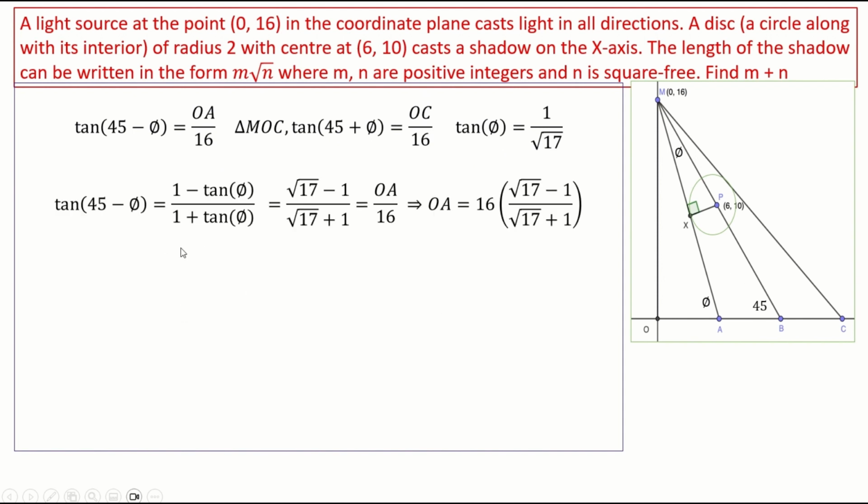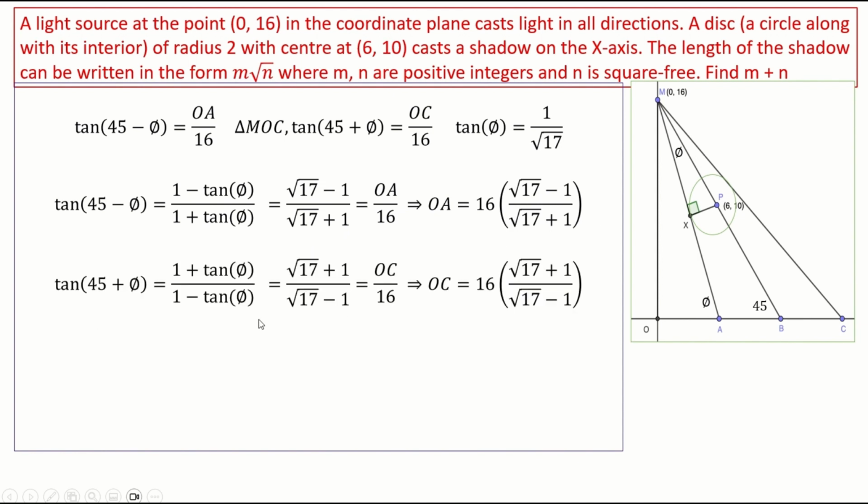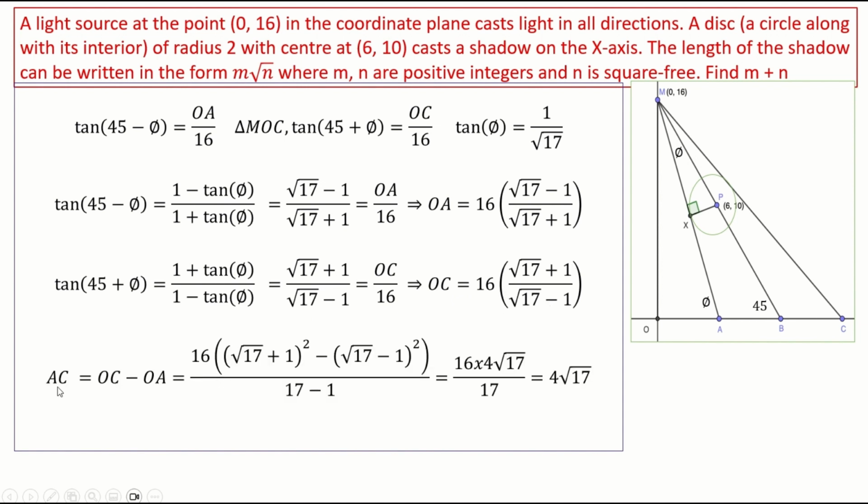So apply this equation: tan(45 minus phi) equals (1 minus tan phi) by (1 plus tan phi), which after simplifying equals (square root of 17 minus 1) by (square root of 17 plus 1), which equals OA by 16. So OA equals 16 times (square root of 17 minus 1) by (square root of 17 plus 1). Similarly, OC equals 16 times (square root of 17 plus 1) by (square root of 17 minus 1).